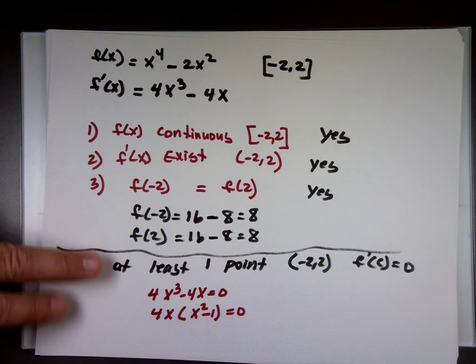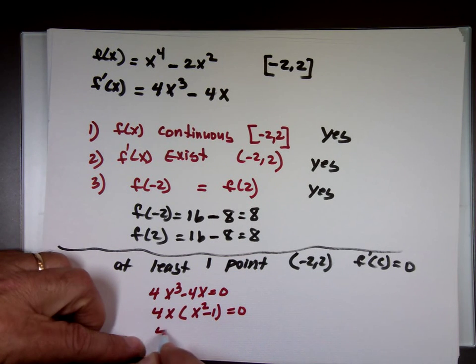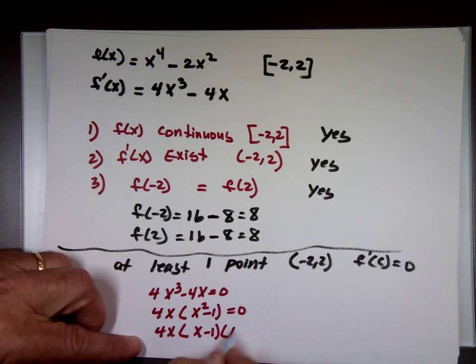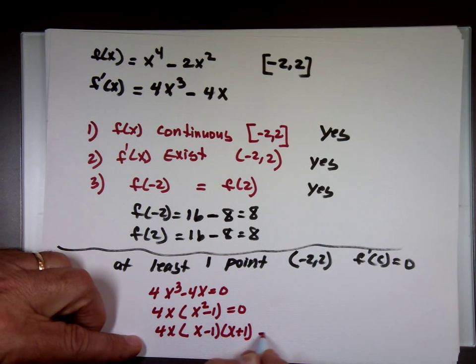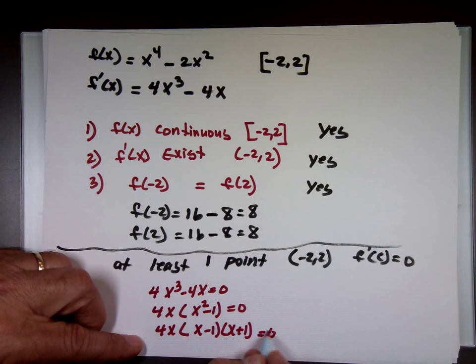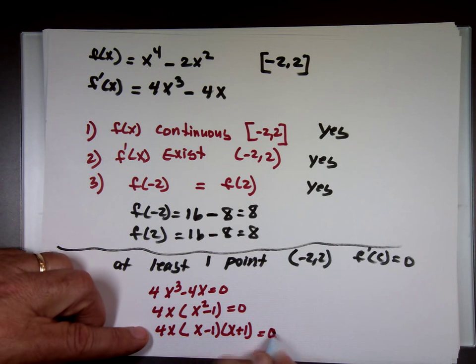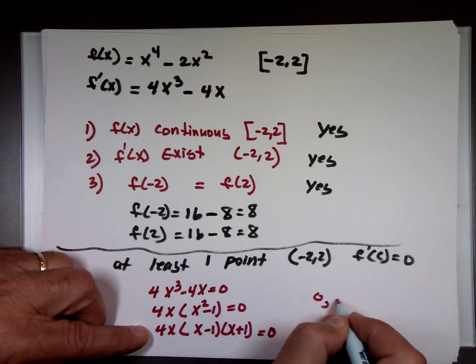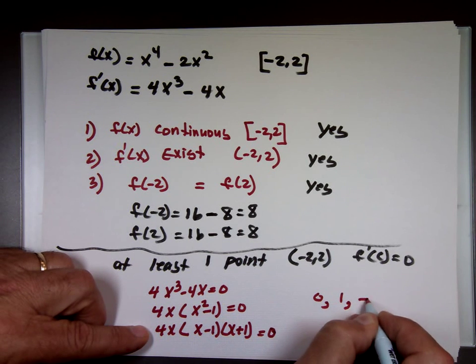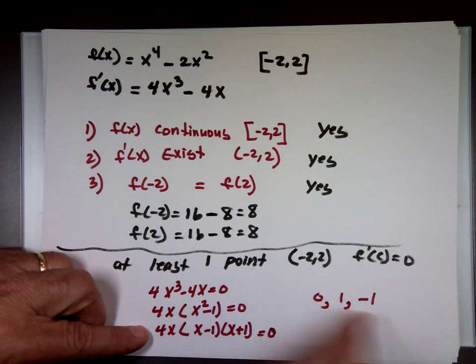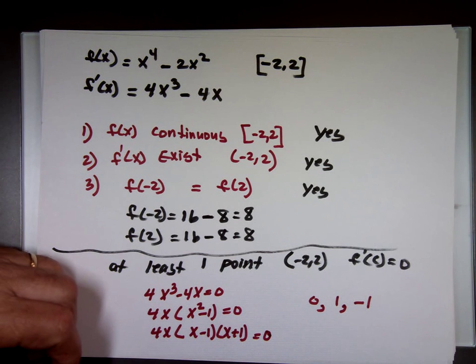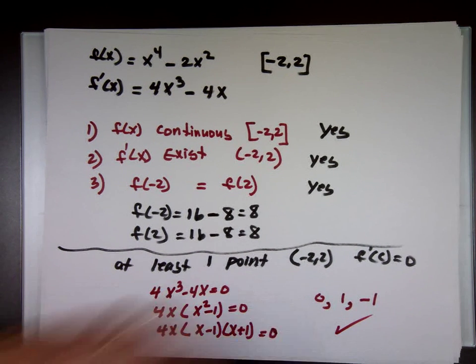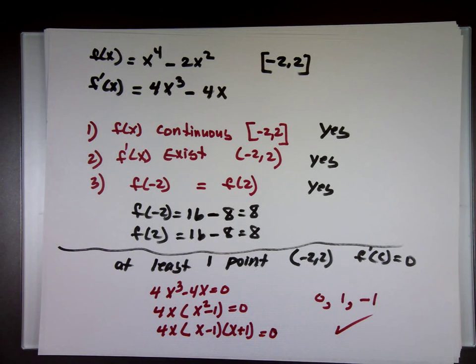Can you factor x squared minus 1? x minus 1 times what? x plus 1. How many values where the derivative is 0? We got the 0, we got the 1, we got the minus 1. Are they all within minus 2 to 2? Yes, we got 3 values. Has to be at least one. We found there's actually 3 of them in that one.